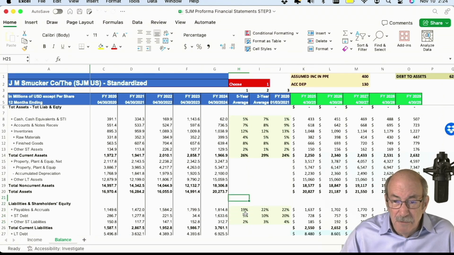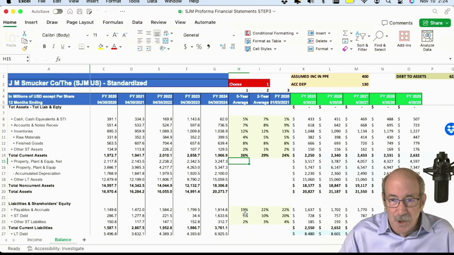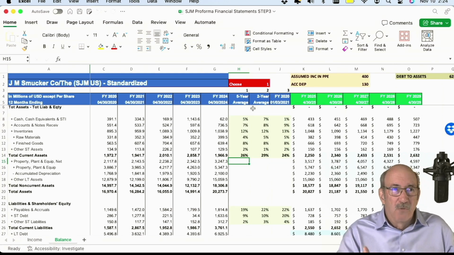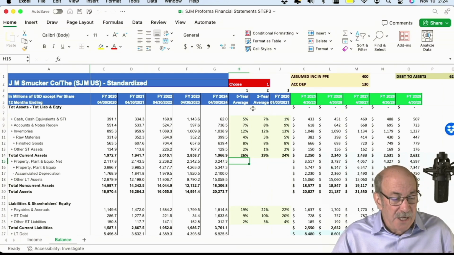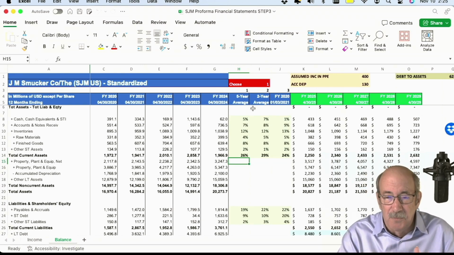The rest of them I'm going to come back and deal with at a little bit later point. Oh, one other thing I want to point out to you is to use this CHOOSE function. It's kind of a handy function if you want to have some flexibility and be able to easily move from a model that uses one assumption to a model that might use a different assumption.